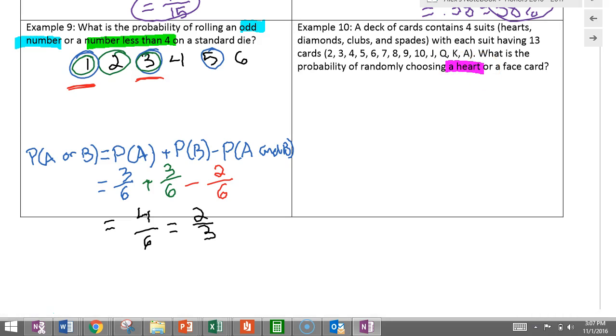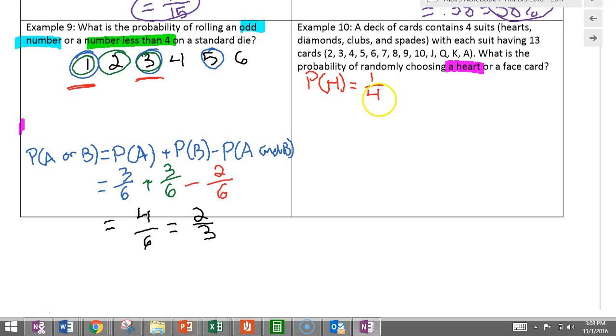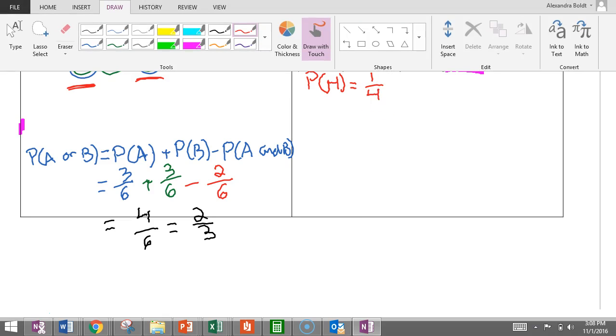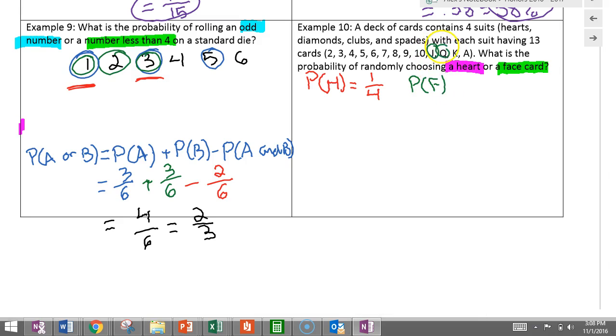So the probability of a heart: well, there's 4 suits, one of them is heart, so 1 out of 4. And then the probability of a face card: your face cards are jacks, queens, and kings, so that's 3 out of 13.